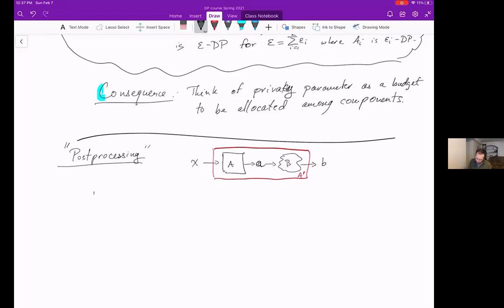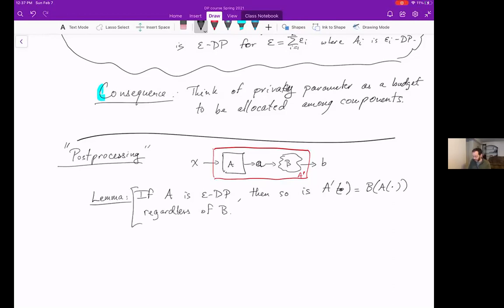So a useful lemma is that if A is epsilon DP, then so is A prime, the composition of B applied to A, regardless of B. So I don't need to know much about the structure of B. One thing that I do need to know is that B is not directly reading the input X. It's just using it. All it has access to is the output of A.